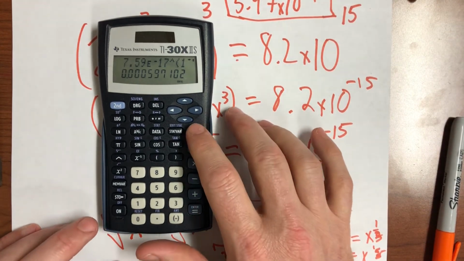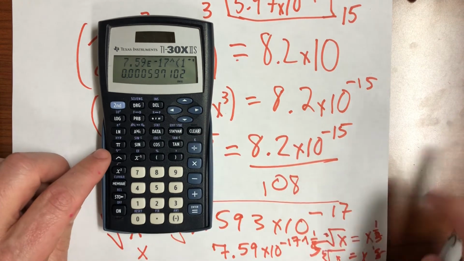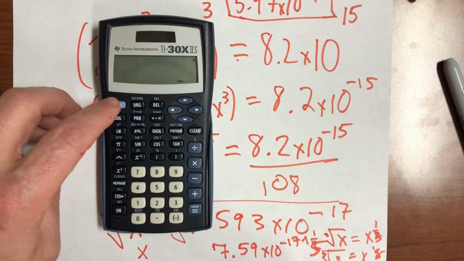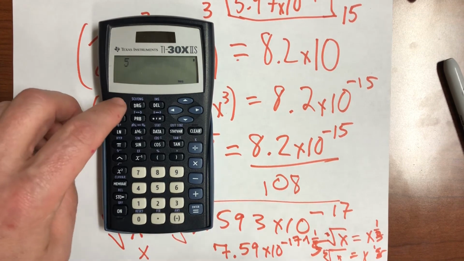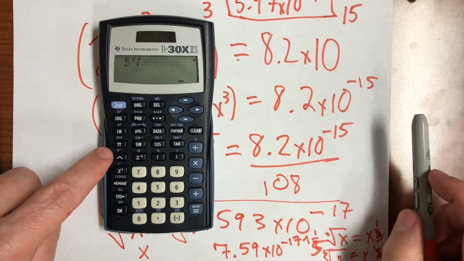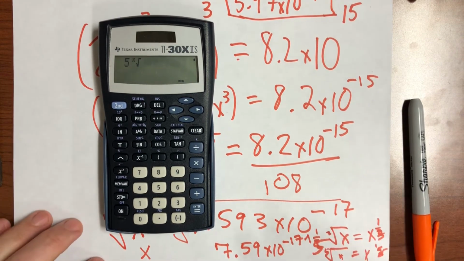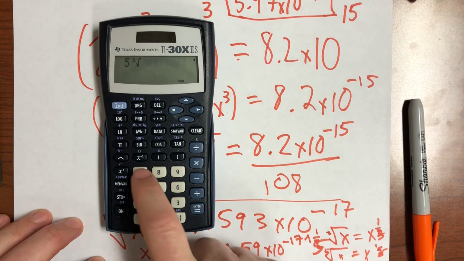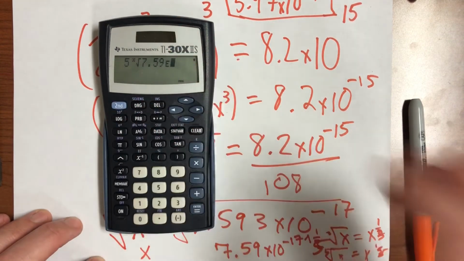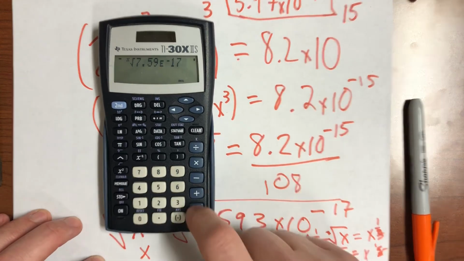And then the root button is that same key but shifted here. So if I wanted to take the 5th root of it, I'm going to go 5th root, the little x radical key, shifted usually, of 7.59 times 10 to the negative 17th.